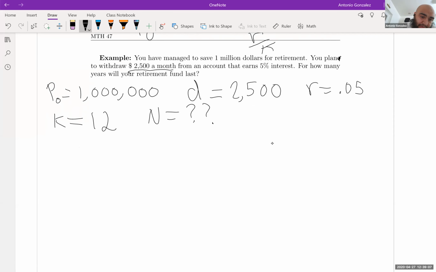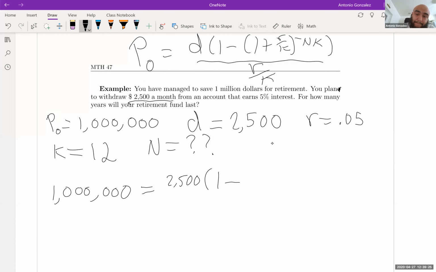So our P0 is 1 million. D is equal to 2,500, and then times the rate is 0.05, and here K is 12, and then in my exponent we get negative N times K, so negative 12N, excuse me, K is 12.